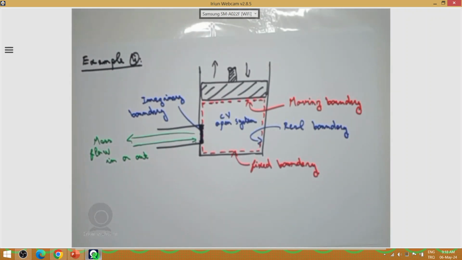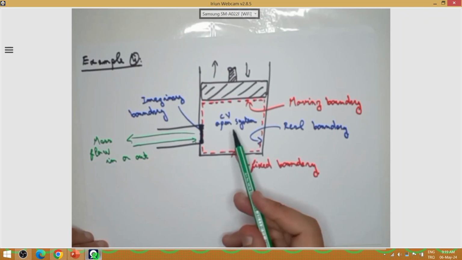Also, we have said that when we have a control volume, mass can flow in and out, and also energy in the form of heat and work can go in and out. For example, this is how we have in a control volume or an open system.